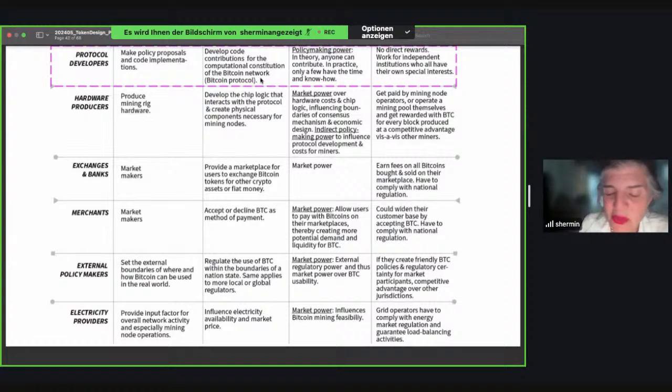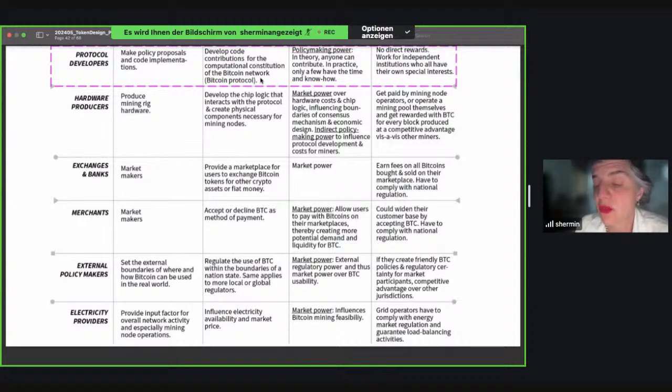Fortunately, Bitcoin was designed based on the open source culture, where people would contribute code for free for the merit of contributing. The problem is that as it becomes more and more specialized, and since there are no direct rewards, fewer and fewer people are contributing.